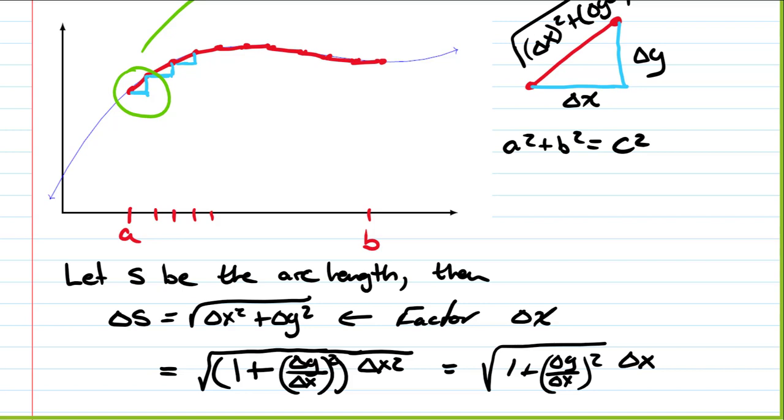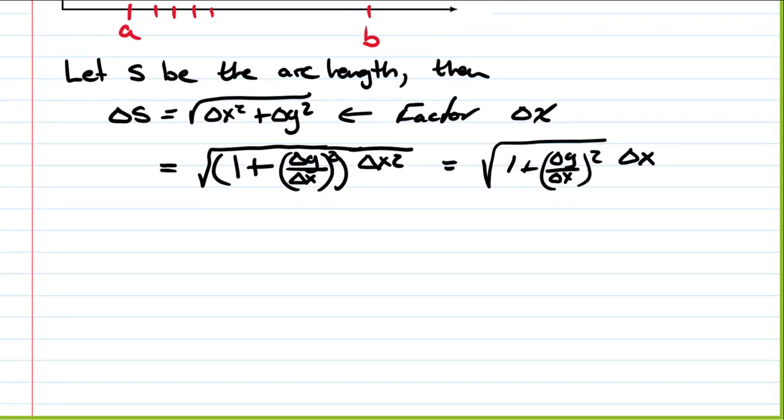But now, if we let the number of subdivisions in that AB interval go to infinity, so if we take the limit, what we're going to end up with is this. And what is delta y over delta x? The change in y over the change in x. That's the derivative, right? That's slope, right? So the change in y over the change in x is our slope.